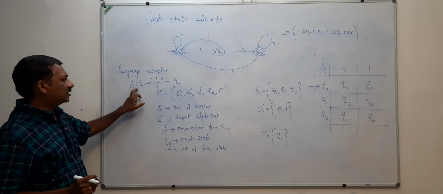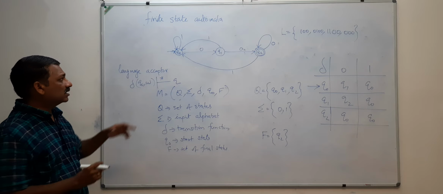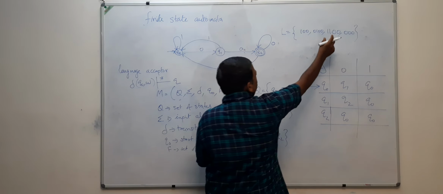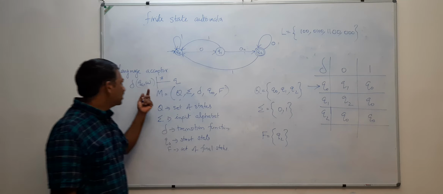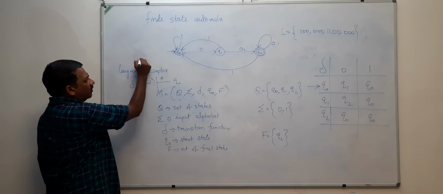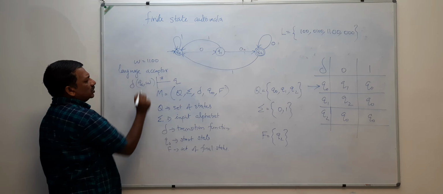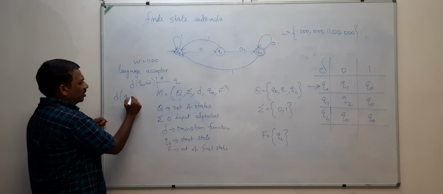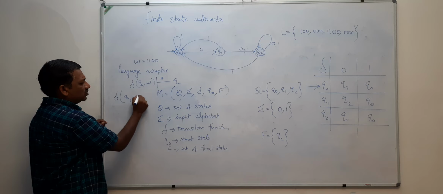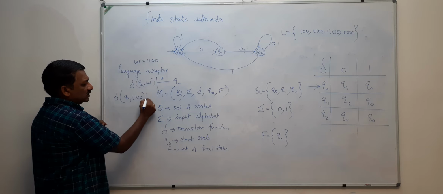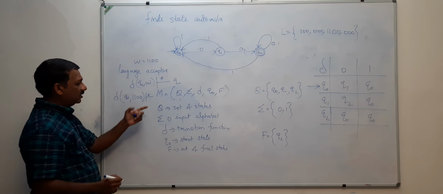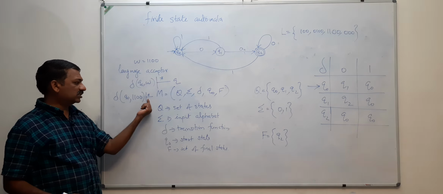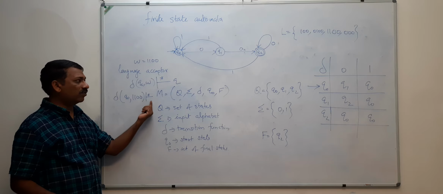If you have an input string, say 1100, that means this w stands for 1100, and delta of q0 upon receiving 1100 reaches in one or more steps, this is the meaning of one or more steps.